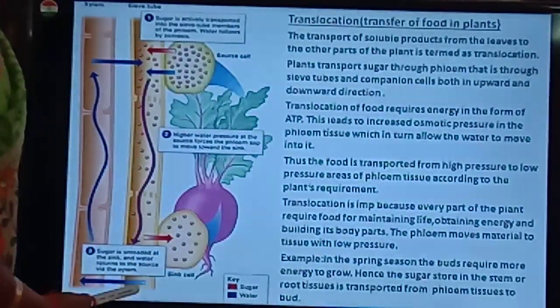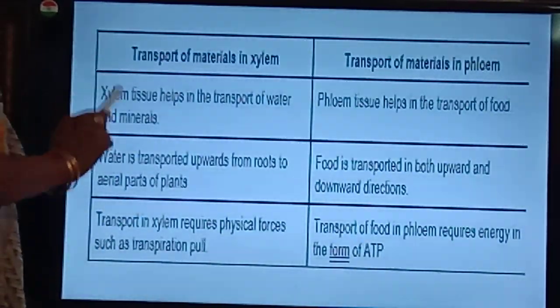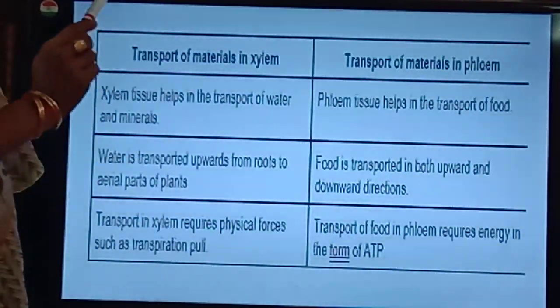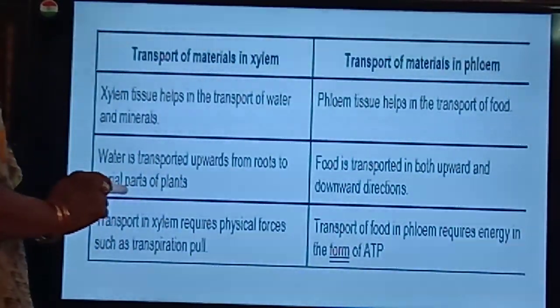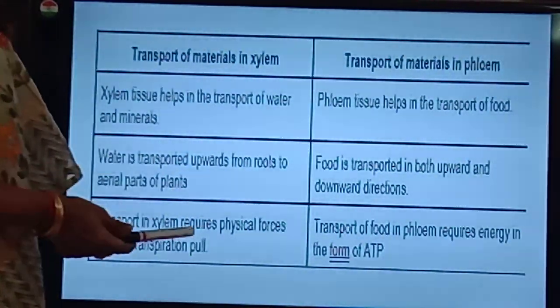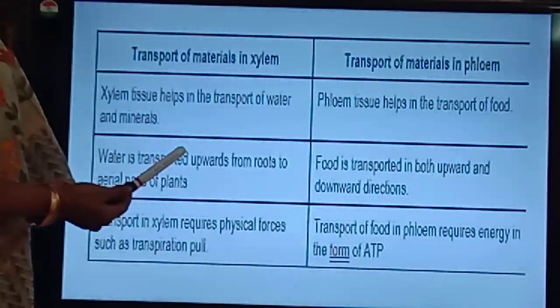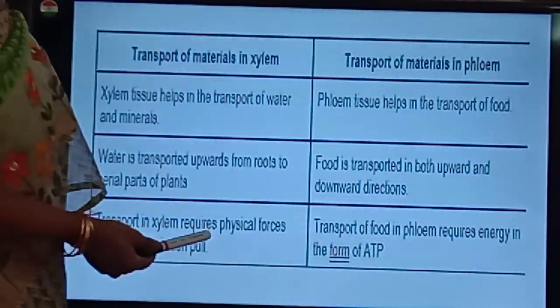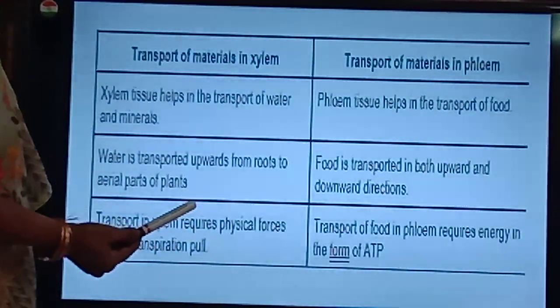Understood now? Next. So you understood that transportation of food, which is also called translocation, is done by phloem tissue with the help of companion cells and sieve tubes. And transport of water and minerals is done by xylem tissue with the help of xylem tracheids and xylem vessels.